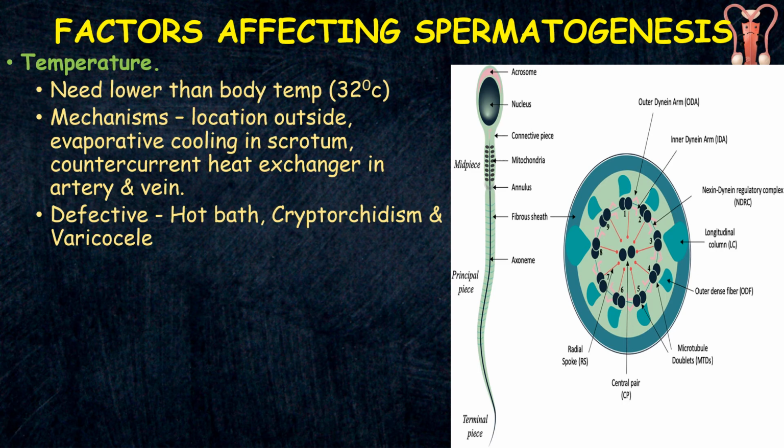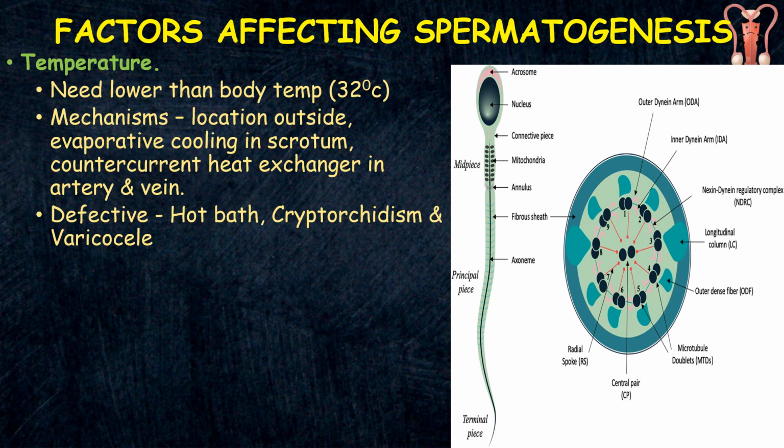And then there are evidences which suggest the importance of proper temperature maintenance during spermatogenesis. A hot bath at a temperature of around 43 to 50 degrees Celsius for 30 minutes daily can result in sterility.